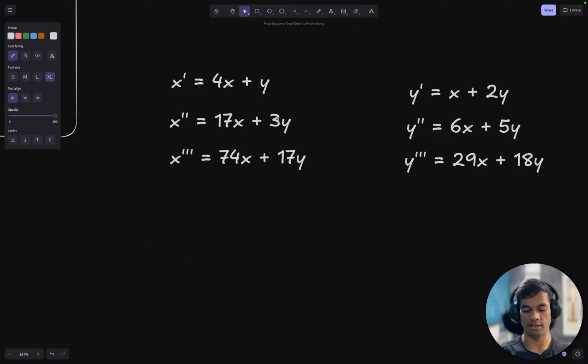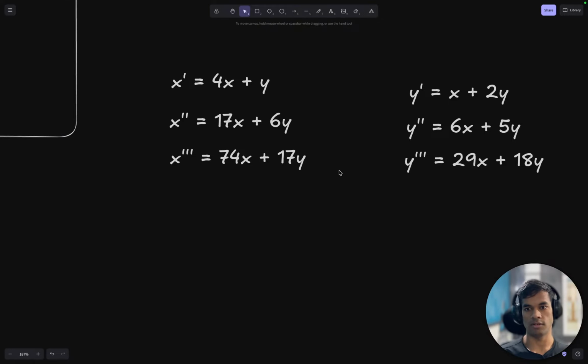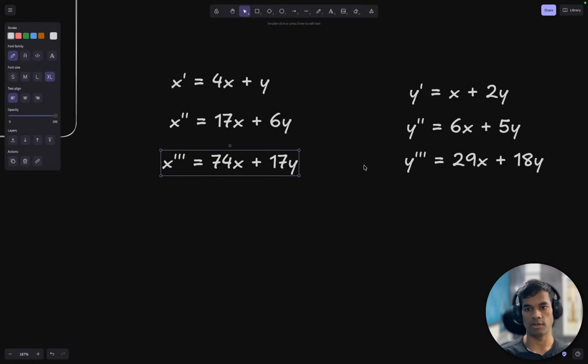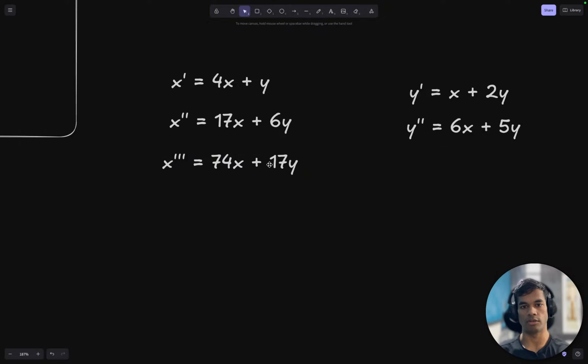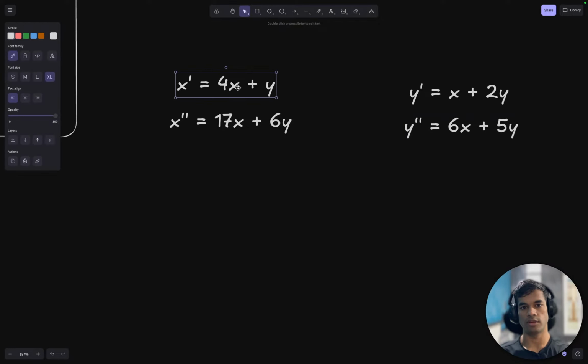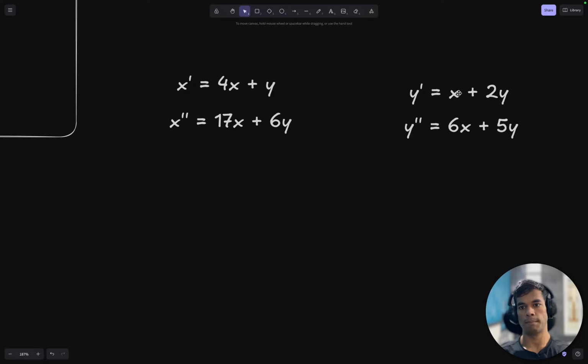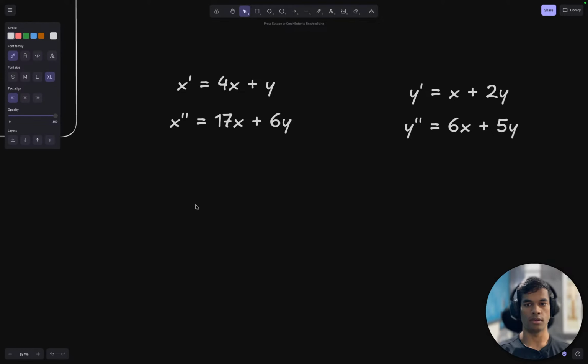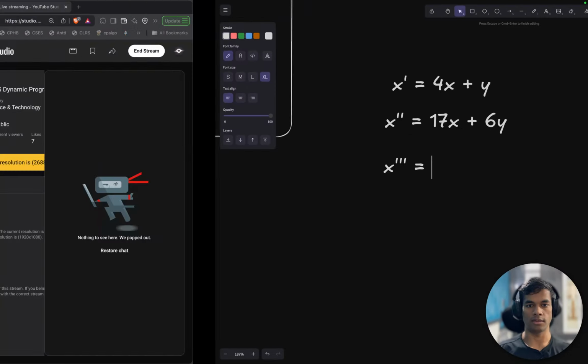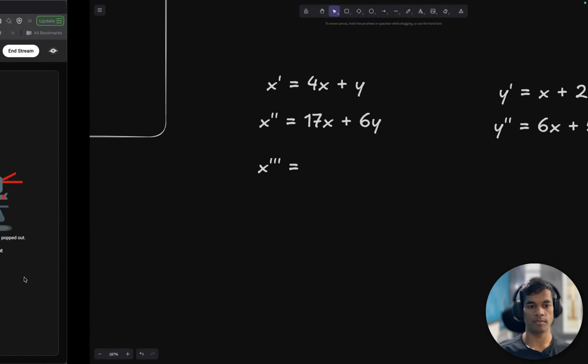Okay, my bad. And now, since this is equal to 6, I messed up with all of these later formulas also. I think this one is correct, which is just 4 plus this into 2, 6. Yes, and plus this 5. Okay, and then here x triple dash equals, and thank you for the heads up.